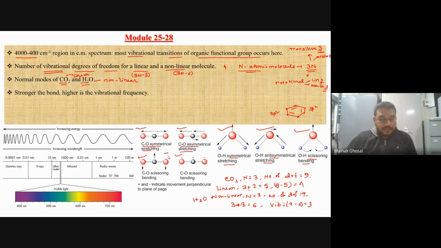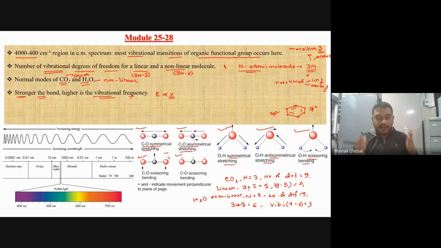So if the bond is stronger, the vibrational frequency is higher, right? In terms of energy, it is proportional to nu, so higher frequency means higher energy. If the bond is stronger, you need more energy to break the bond or to vibrate it.